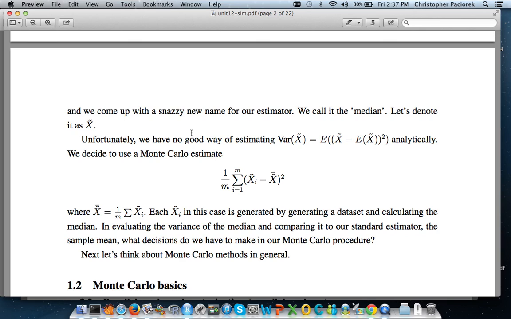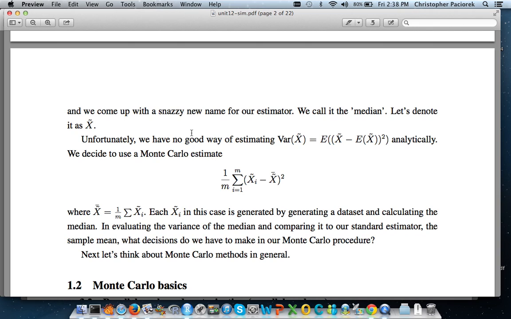So let's step back a second. Let's suppose we've chosen m and we've chosen n. And we now think about, we're going to start to generate some data on the computer. What else would I need to choose in order to write some code to generate the data? The distribution and parameters of the distribution. Okay.